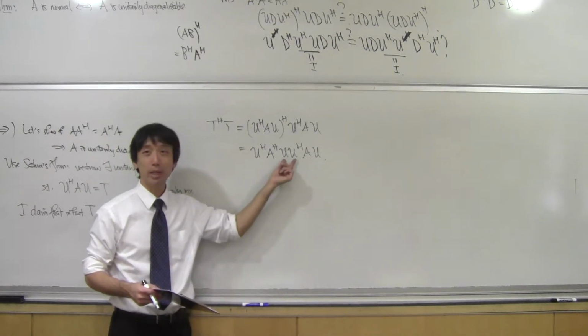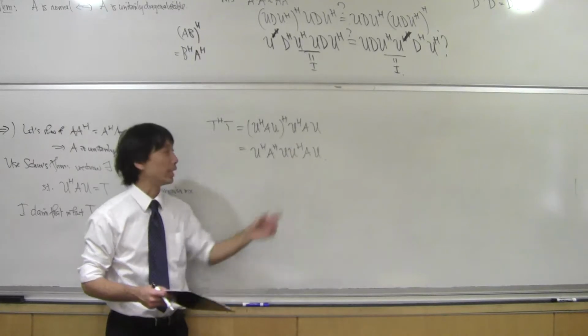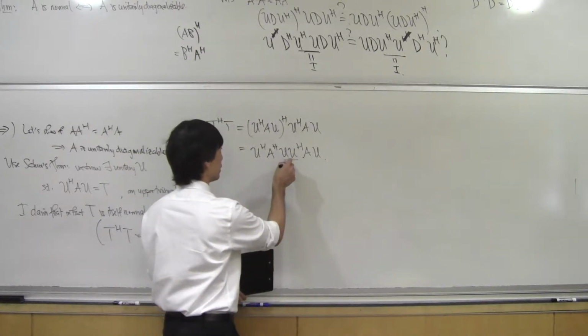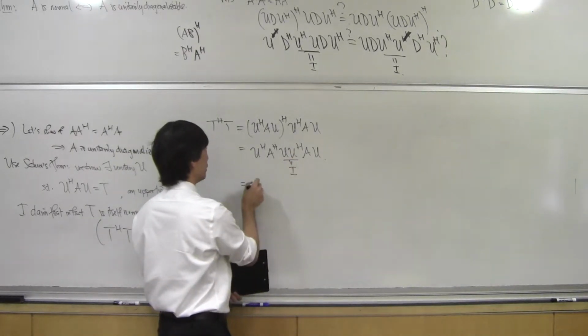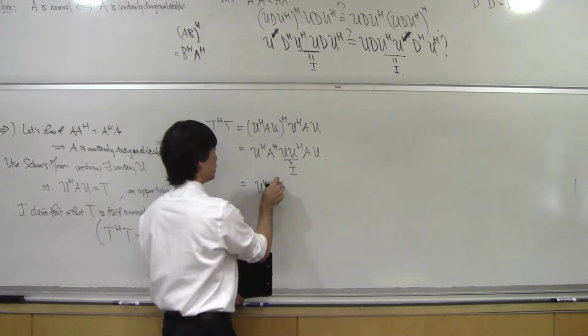Again, we use the fact that U times U^H is the identity matrix, so we can drop it out. We get U^H A^H A U.